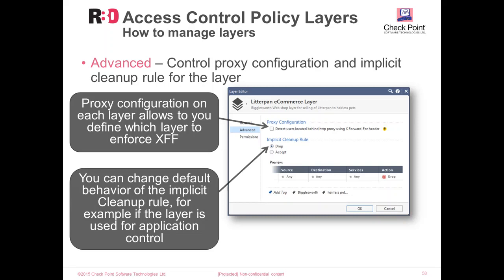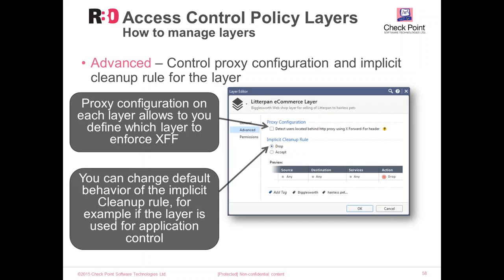The X-Forwarded-For checkbox proxy configuration on each gateway provides granularity in terms of enforcing and hiding the X-Forwarded-For header. In addition to this, we can select on the layer if we want to enforce the X-Forwarded-For header for the rule base, or if we want to use the original IP address in the source.